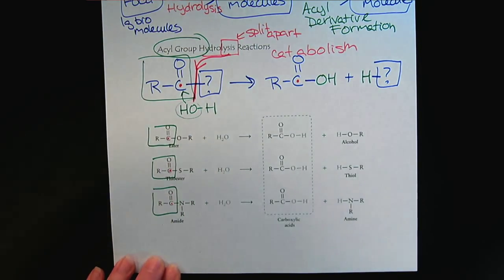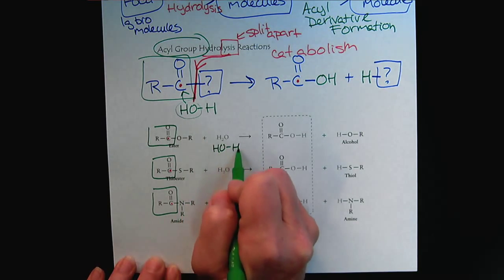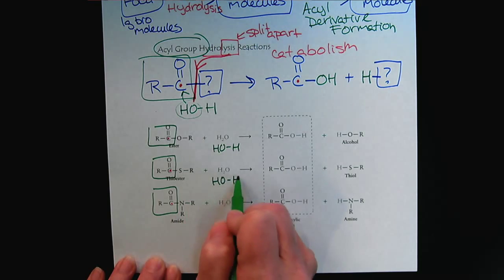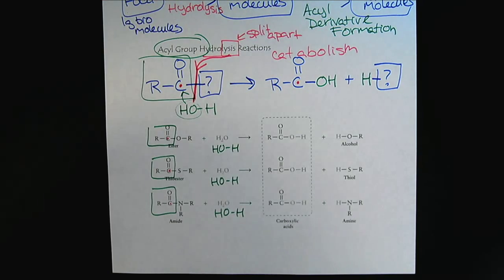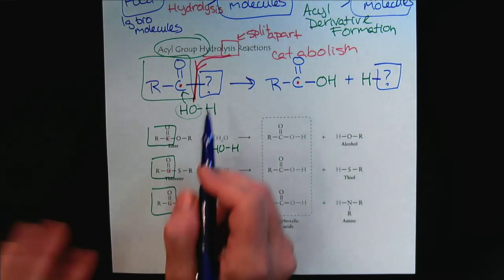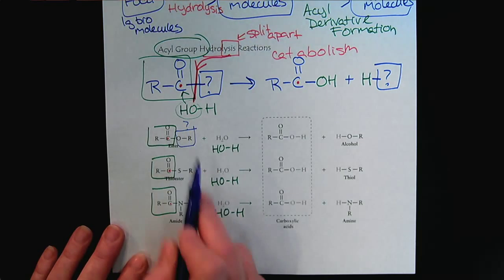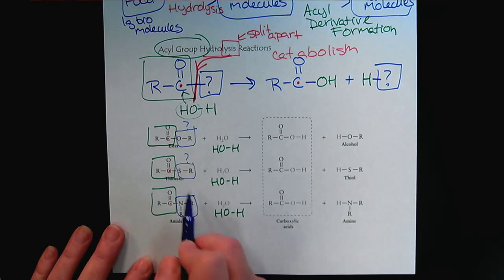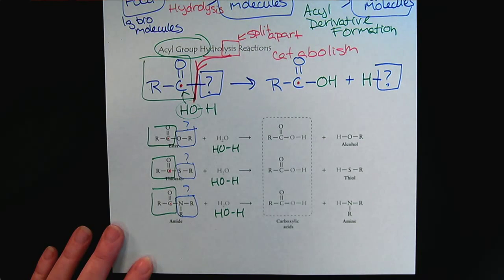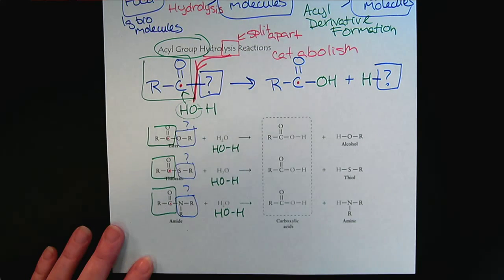And for water, we're going to think about water as we have been, breaking it into the hydroxyl and the hydrogen. The question mark could represent the ether group, the sulfide group, or the amine group. That's why I put a question mark, because this pathway works for all three.